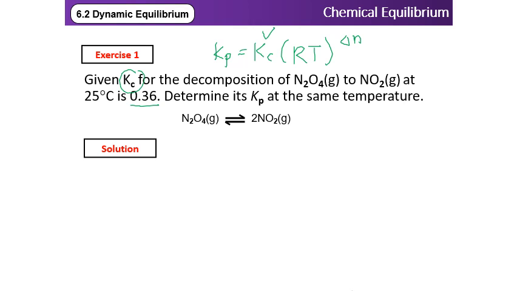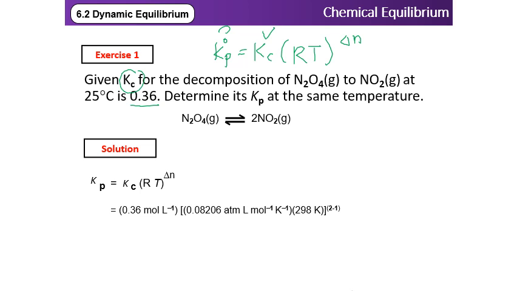Determine its Kp at the same temperature, so we need to find out what the Kp is. Determine the formula that we want to use, then substitute the correct values. Kc given in the question is 0.36.